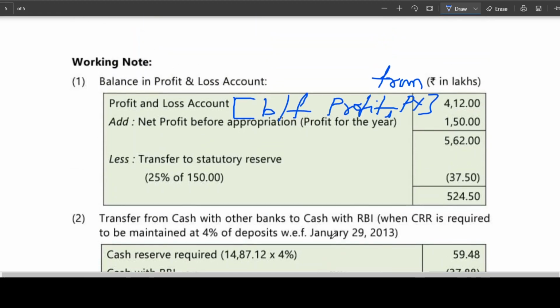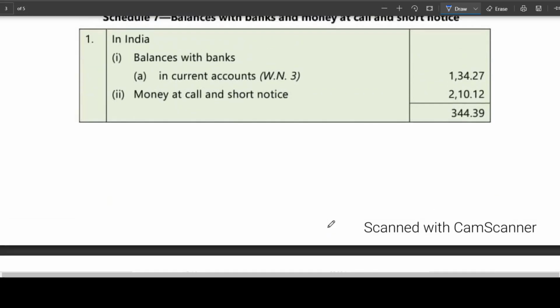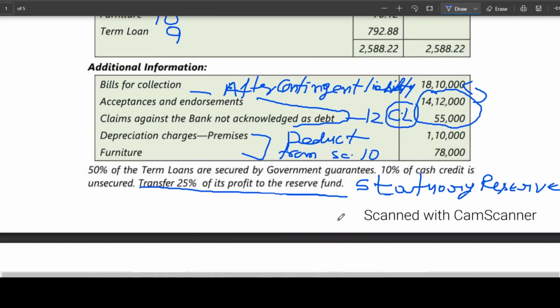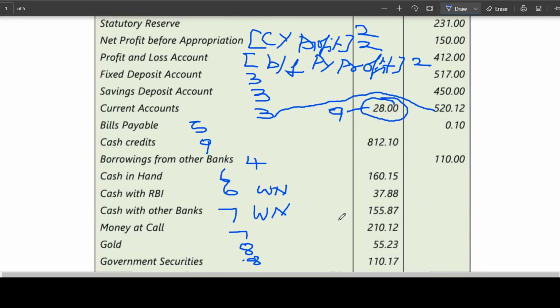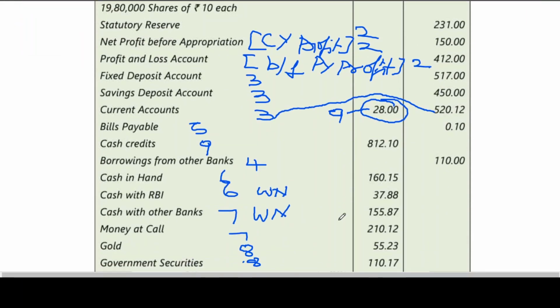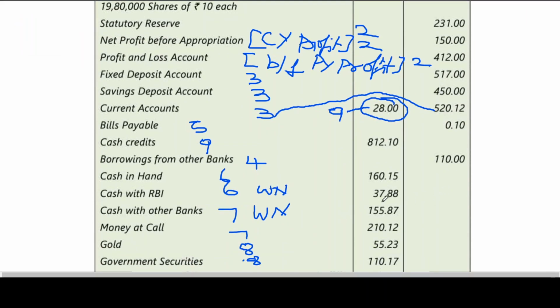Cash with RBI, we have seen in the problem, given in the question, we can see 37.88.